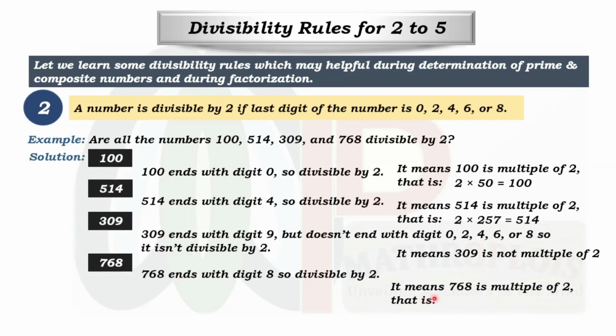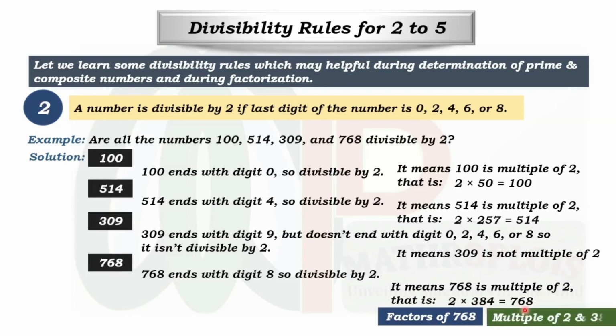It means 768 is a multiple of 2. That is, 2 multiplied by 384 is equal to 768. Here, 2 and 384 are factors of 768. And 768 is a multiple of 2 and 384.